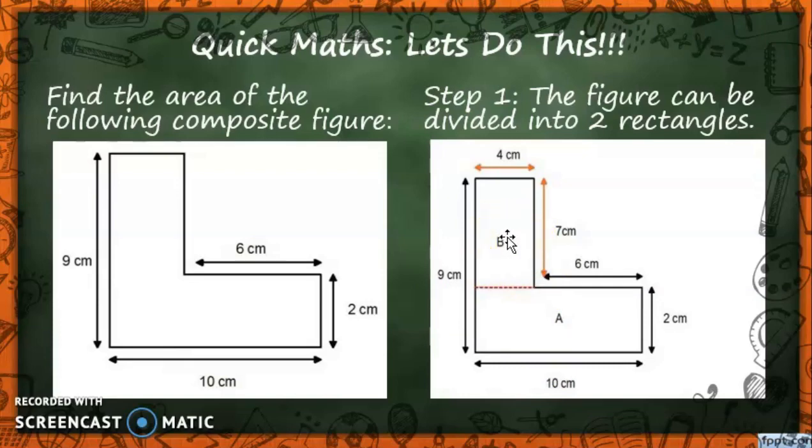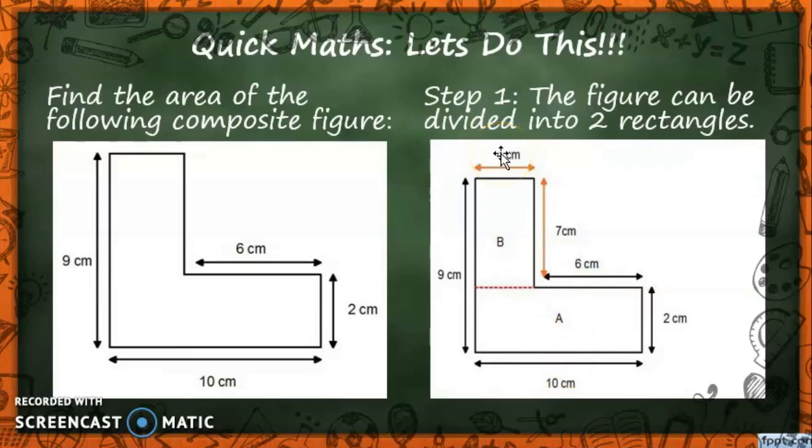Next, if you realize there are two additional dimensions, why is that? It is because we need to know these dimensions in order to find the area. To find the 4 centimeters here, knowing that down here is equal to 10 and here is equal to 6, we subtract 6 from 10 to get 4.